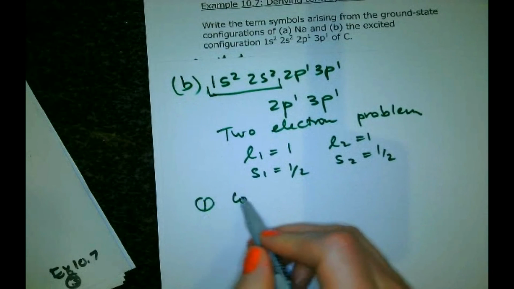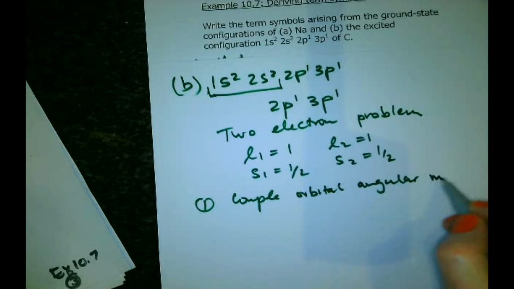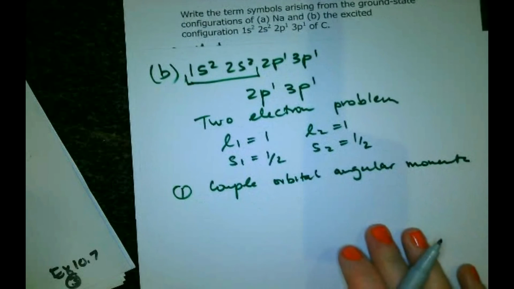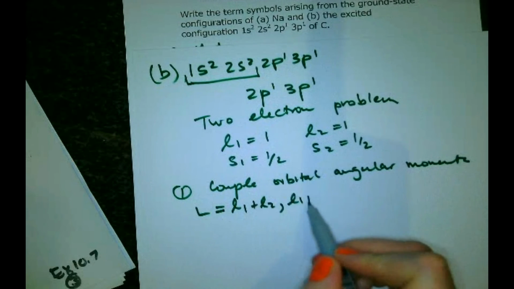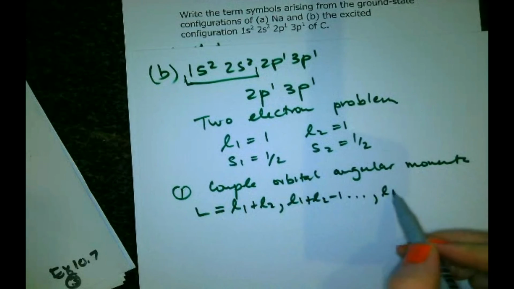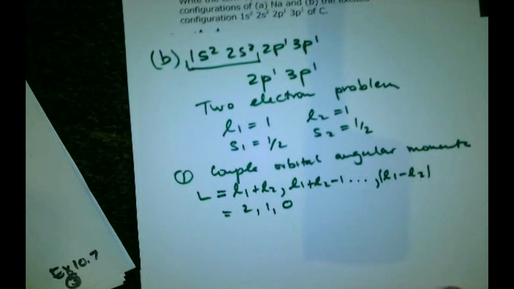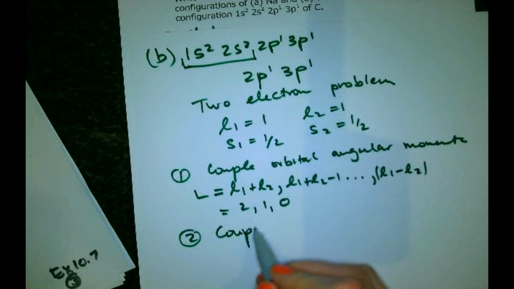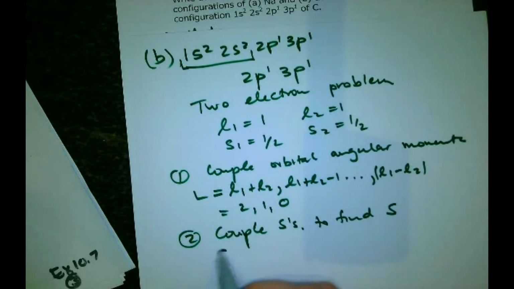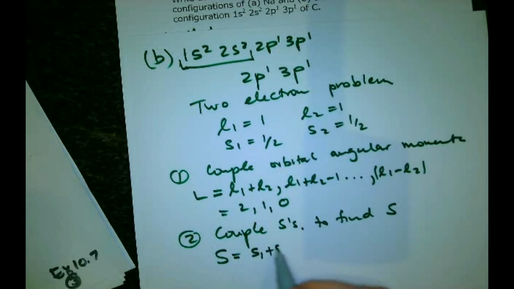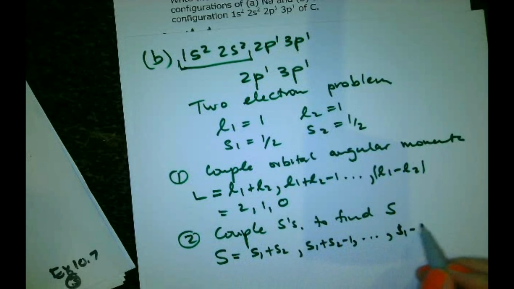So firstly, couple orbital angular momenta. Clebsch-Gordan series, l1 plus l2, l1 plus l2 minus 1, down to l1 minus l2: 2, 1, 0. Couple spins to find S: s1 plus s2, s1 plus s2 minus 1, down to s1 minus s2.